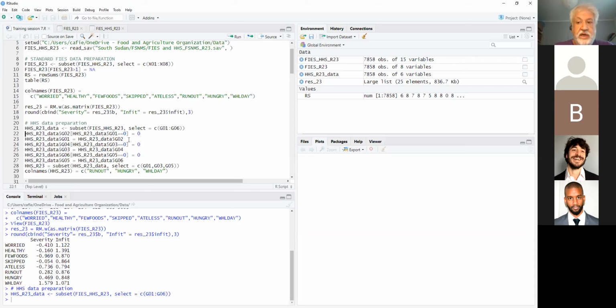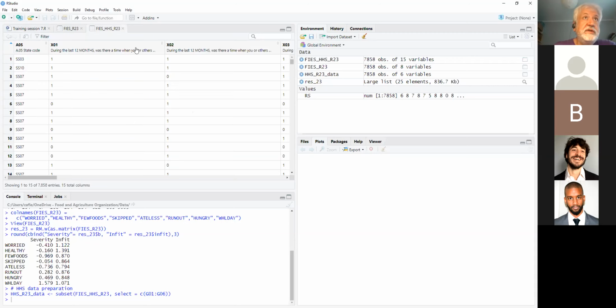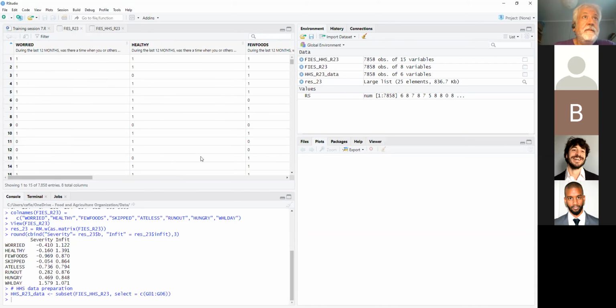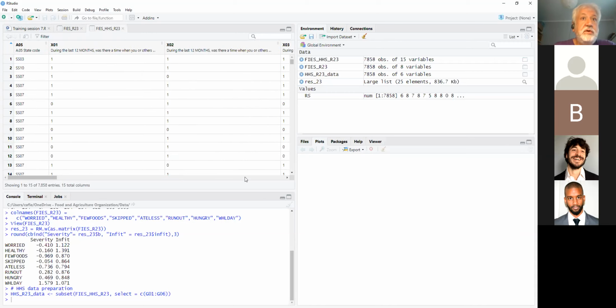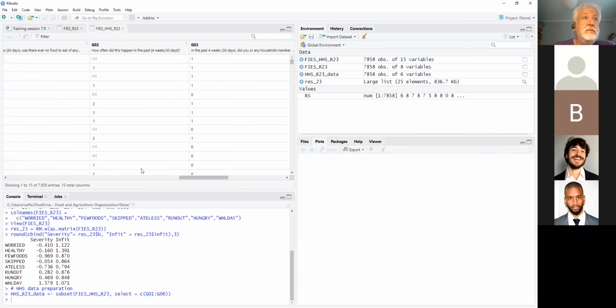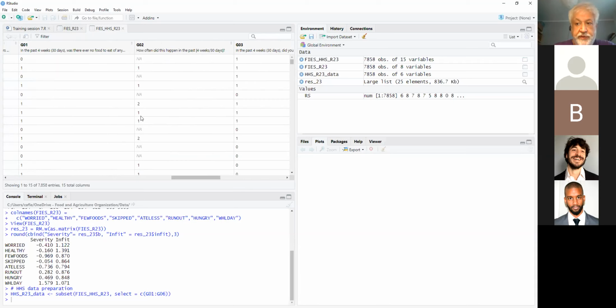Essentially what I want to achieve is merging, for example, G01 and G02, so that I will have only one variable coded with 0, 1, 2, and 3, meaning 0 corresponding to no, 1 corresponding to rarely experienced, 2 corresponding to sometimes, and 3 corresponding to often.